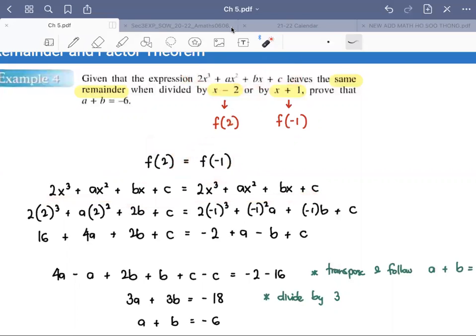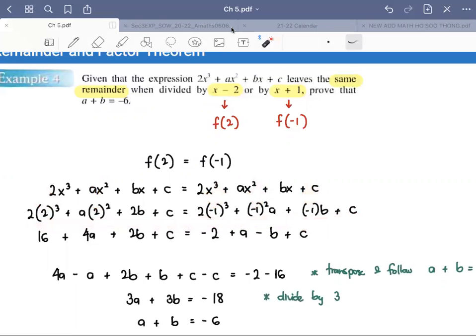But since you have different functions, you have two different numbers to solve. On the left side, you change x by 2, and on the right side, your x becomes negative 1. That's what happens.